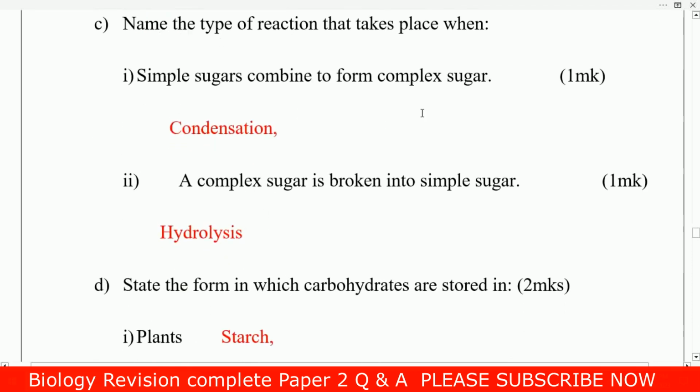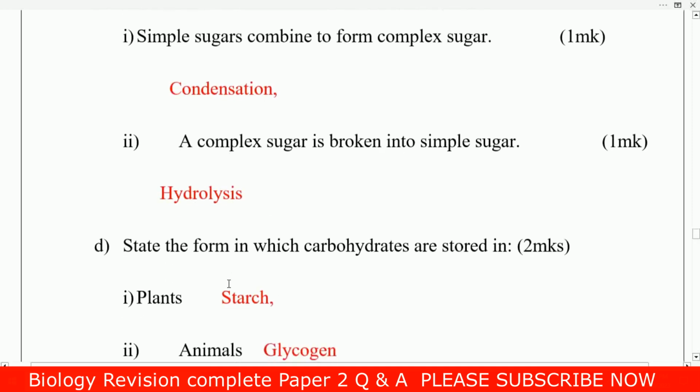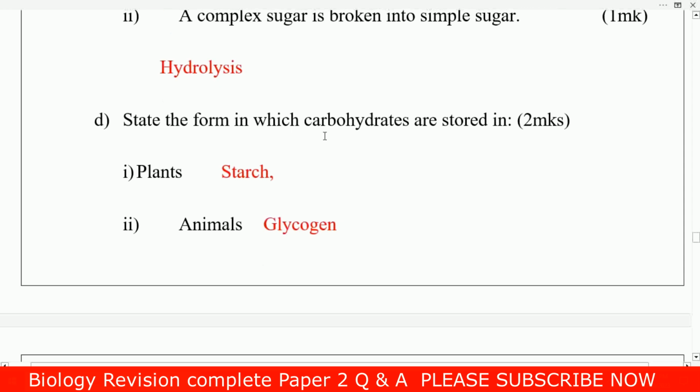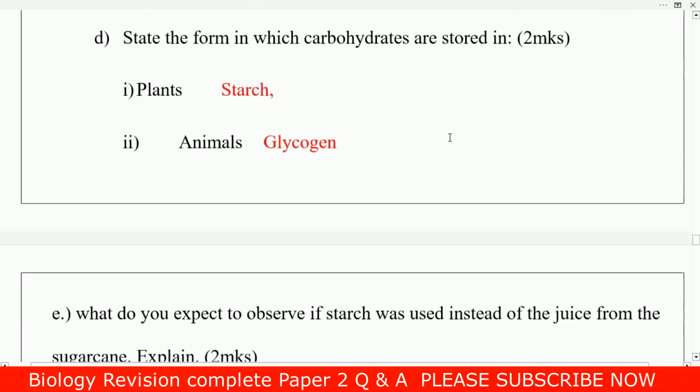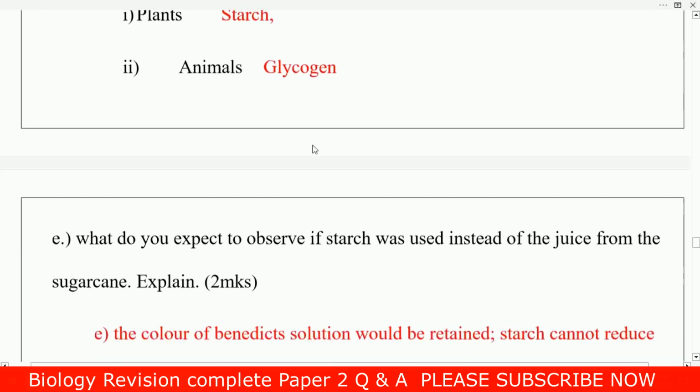The type of reaction that takes place when a complex sugar is broken into simple sugars, that one is hydrolysis. Then you are told to state the form in which carbohydrates are stored in plants: it is stored as starch. Number 2, in animals it is stored as glycogen.